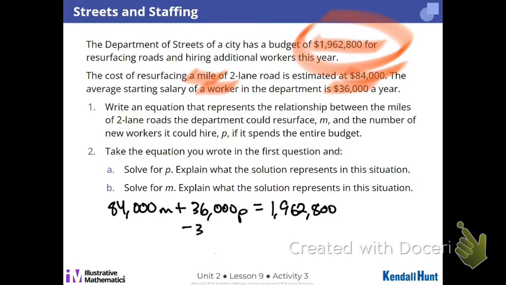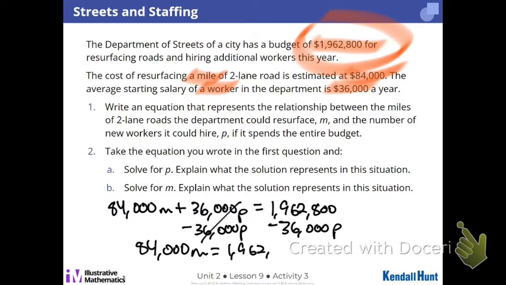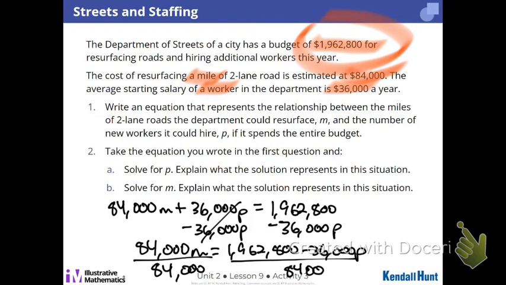I'm going to get M alone by subtracting 36,000 P. Okay, which is 1.9 million minus 36,000 P. I'm going to divide both sides by 84,000. And really what this is saying, friends, is if I take all my budget, take away how much I'm spending on people, divided by 84,000, that's the miles I can pave.